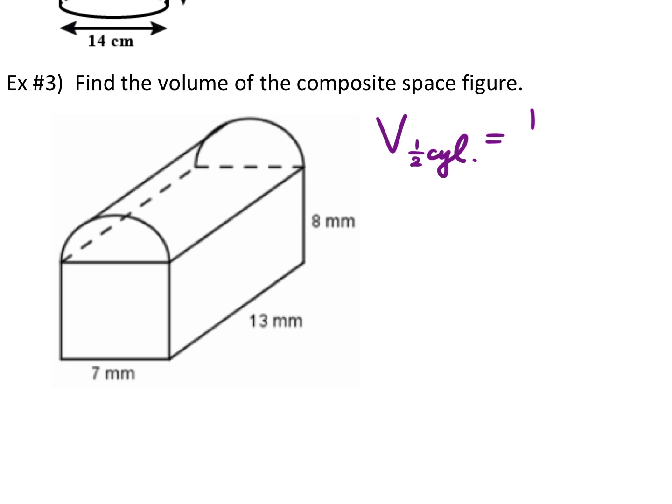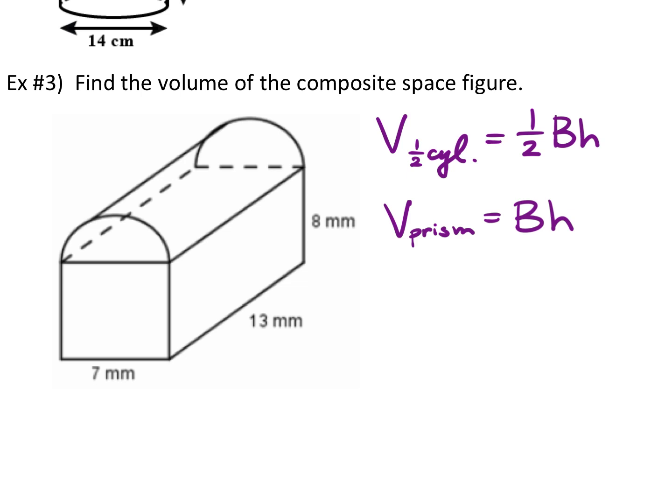So you plug in 1/2 times the base times the height, not the area of a triangle, not lowercase b, but uppercase B, the capital B. We want the whole volume of the prism, and that's just going to be BH.